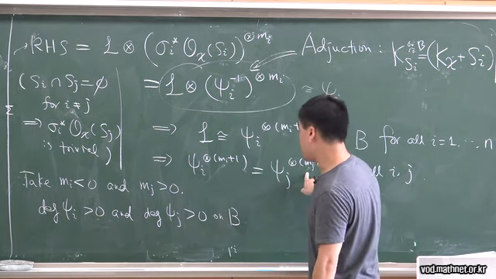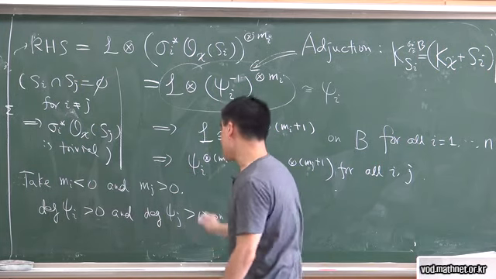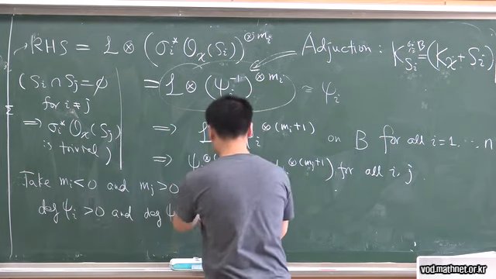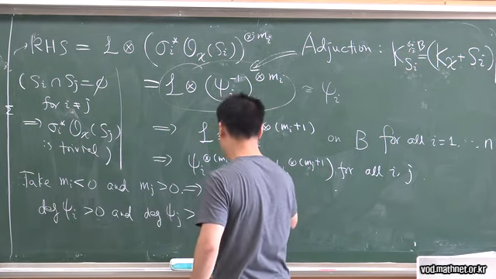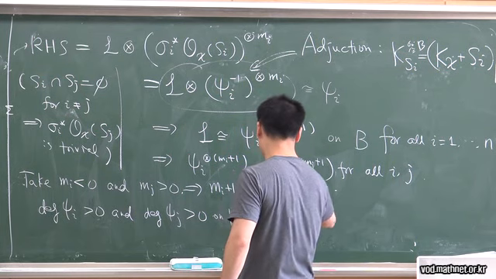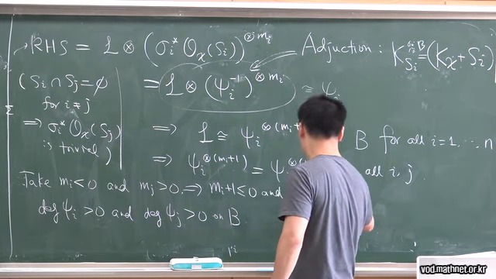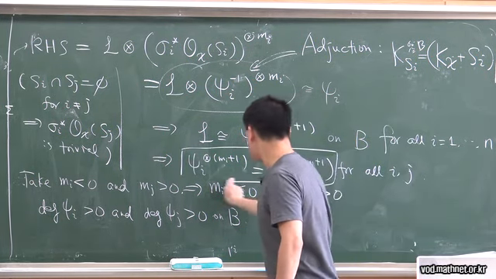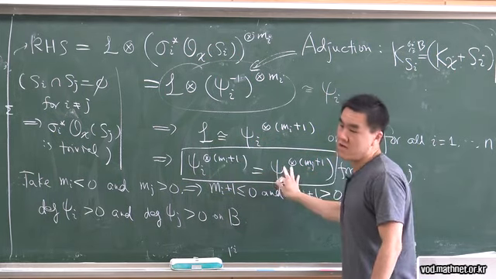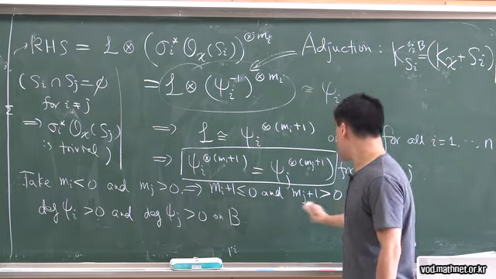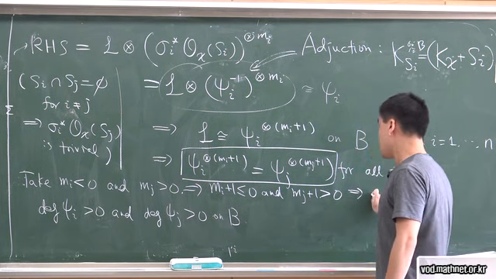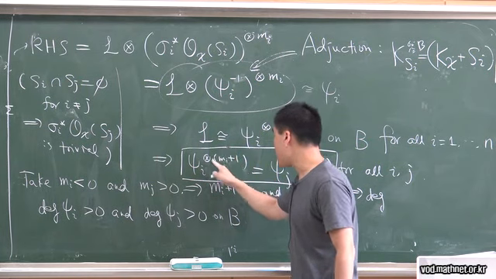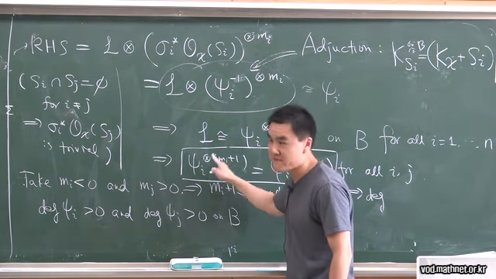Because I have a relation. If mi is smaller than 0, that tells us mi plus 1 is non-positive, but mj plus 1 is strictly positive. Now I just compare this relation by taking the degree. They have the same degree. Since psi i has positive degree but is raised to a non-positive power, this side has non-positive degree.